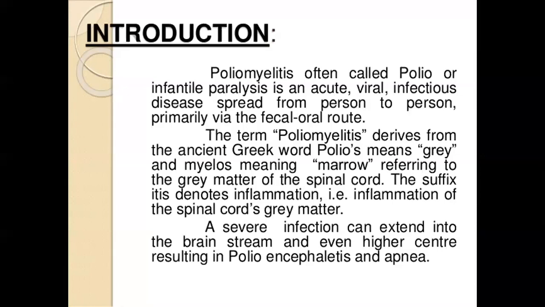Polio means gray and myelos meaning marrow, reflecting the gray matter of the spinal cord. The suffix -itis denotes inflammation, i.e., inflammation of the spinal cord's gray matter. A severe infection can extend into the brainstem and even higher centers, resulting in polio encephalitis and apnea.